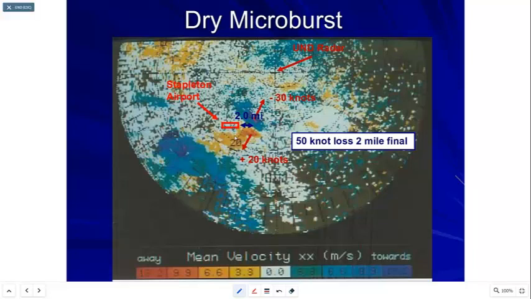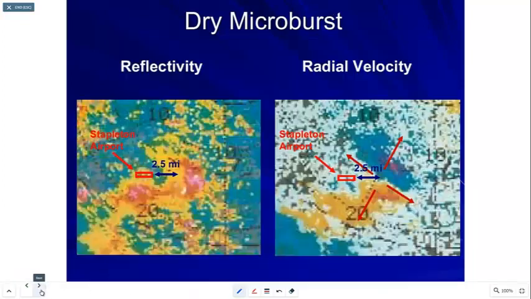Now the situation was these microbursts, as they diverge, and let me blow this up a little bit for you. The microburst downdraft to be in this vicinity right here, and the air is going to move in all directions. But as your radar beam sweeps through this area, let's say the dish is rotating in that direction, we can only pick up the component that is parallel to the radar beam and away from the radar beam.